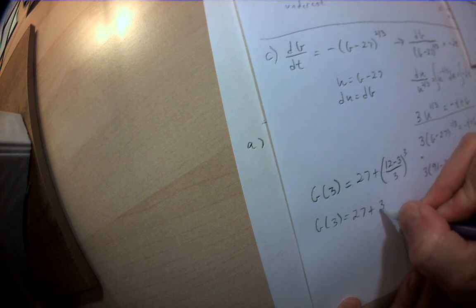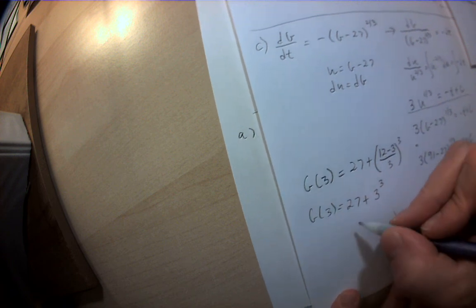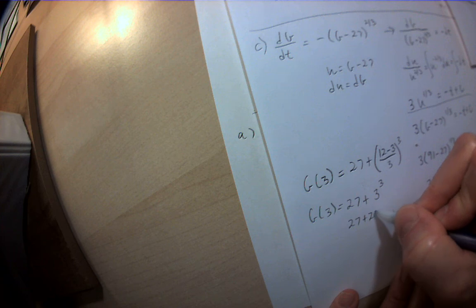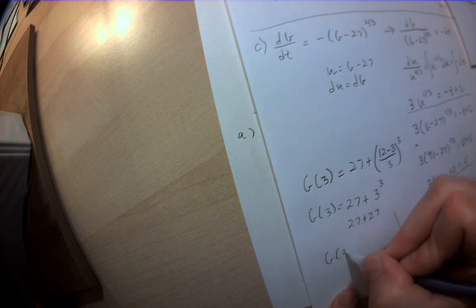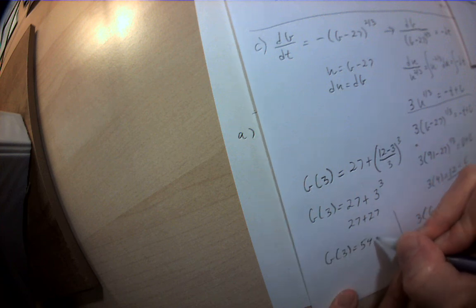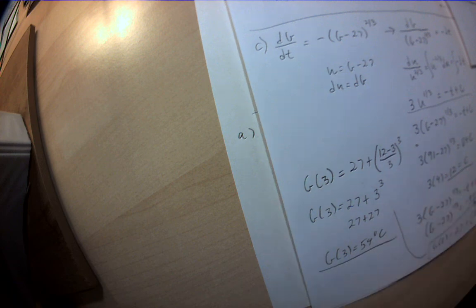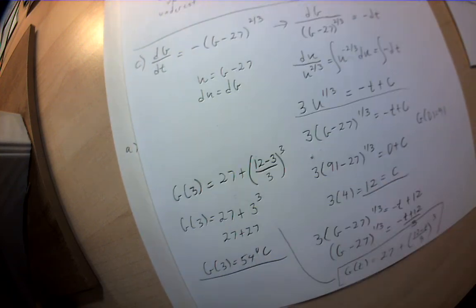Let's see, 12 minus 3 is 9, divided by 3 is 3, plus 3 cubed. Okay, so that's 27 plus 27. So g of 3 equals 54 degrees Celsius. All right, that's the problem, guys. Separation of variables, they love it. 5 points. So I'll upload this with the solution as well.